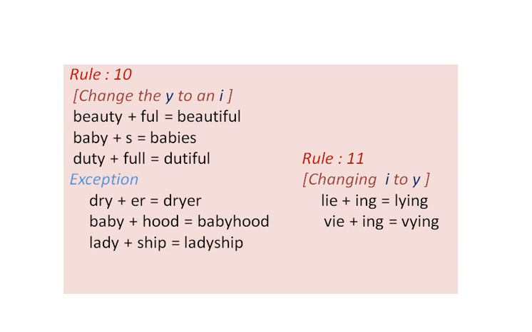Now go to rule 11. Changing I to Y. When a word ends in IE, change the ending to a Y when you add the suffix ing. Look at the words lie plus ing, lying, buy plus ing, buying.